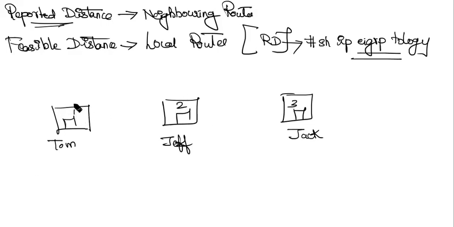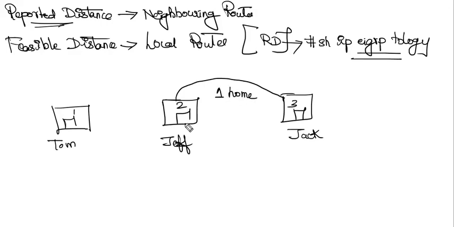Now Tom is going to ask a question to Mr. Jeff: where is Mr. Jack? How many homes do I need to cross if I need to reach Mr. Jack? So Mr. Jeff says, okay, Mr. Tom, you need to go from my home. Mr. Jack is 1 home away from me.